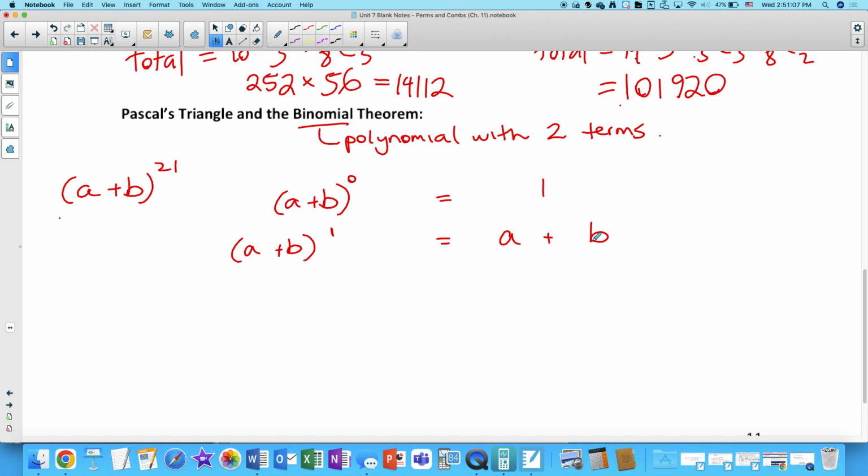What I really want you to pay attention to, because all of the terms in the expansion after the exponent of 0 are going to have a's or b's in them, or maybe powers of both, like an a cubed times a b squared, something like that. Okay? So what I want you to pay attention to is the coefficients. Okay? What about if we did a plus b squared?